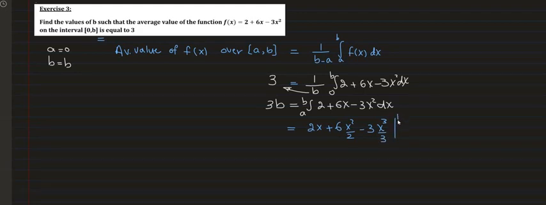And we will substitute with the upper bound minus the lower bound, substituting b for x. This becomes 2b, and we can simplify the 6 and 2 with 3. So we'll get plus 3b squared minus, and the 3 goes with the 3 as well to become b to the power 3.